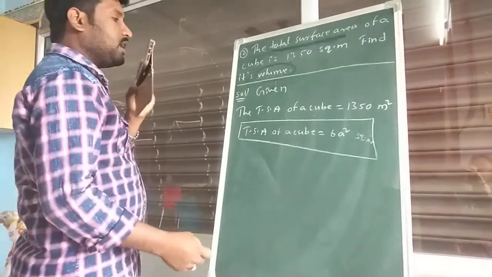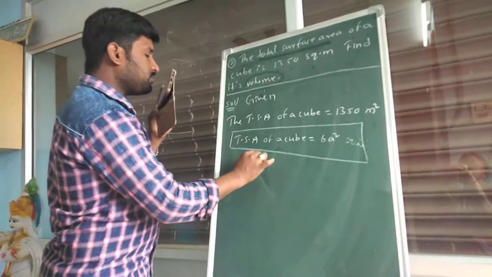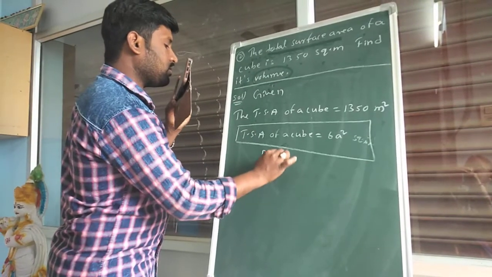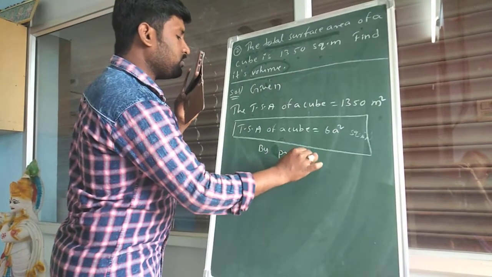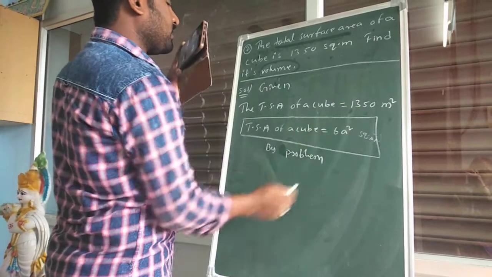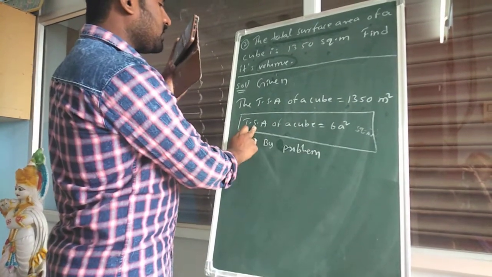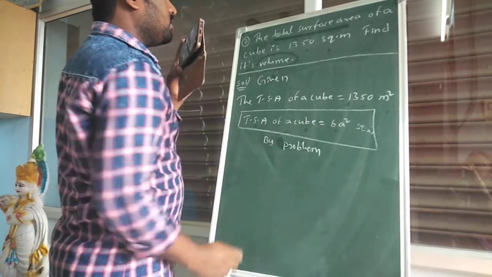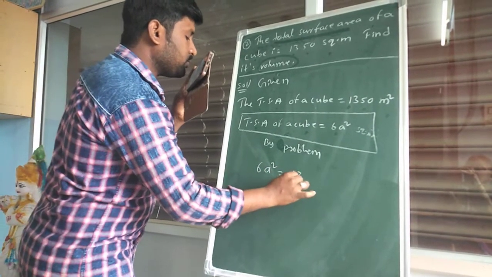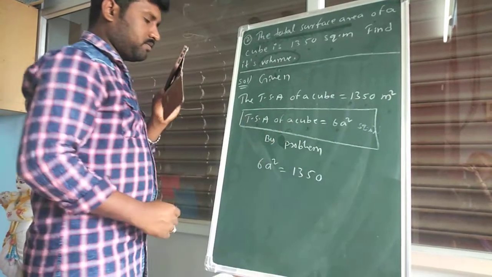Now by the problem, total surface area is 1350 square meters. So here TSA of a cube is 6a square. So 6a square is equal to 1350.